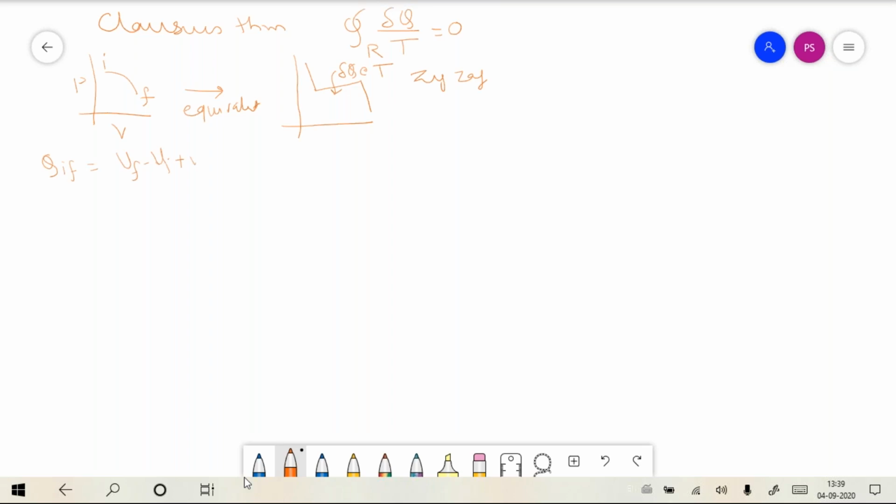In other words, I already know that the work of IF is equal to the work of IABF. This I had called equation 1. Now, this becomes your equation 2.